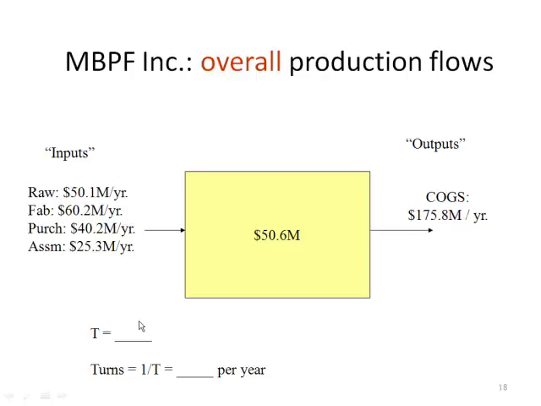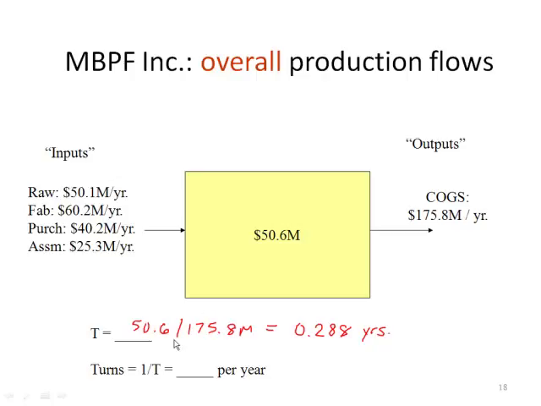So if we think about what the turns are per year, I take that 50.6 million, I divide it by 175.8 million, and I get time in the system of 0.288 roughly years. That's on average the average amount of time a dollar spends in the plant.